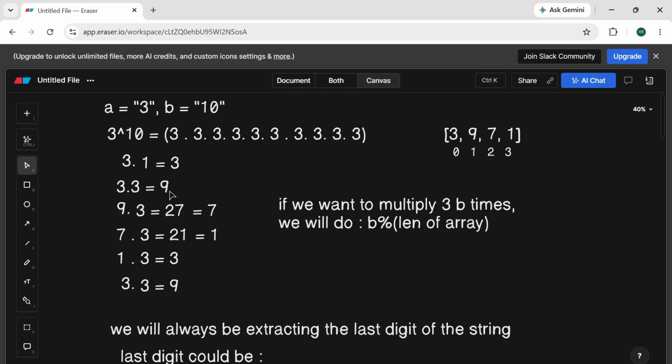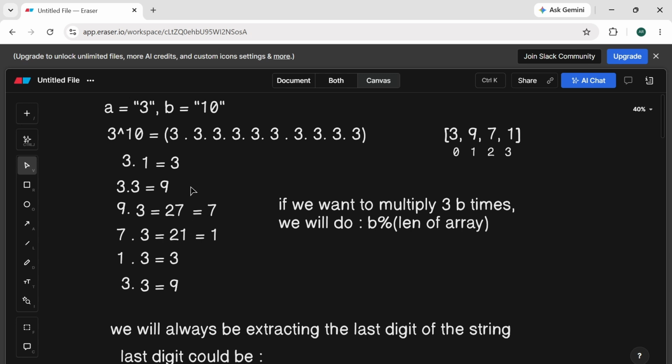If you multiply this 27 with 3, you need to find the last digit, so you are looking at 3 into 7, which gives 21. If you multiply 27 into 3, your last digit would be 1. And if you multiply 7 into 3, your last digit would again be 1.